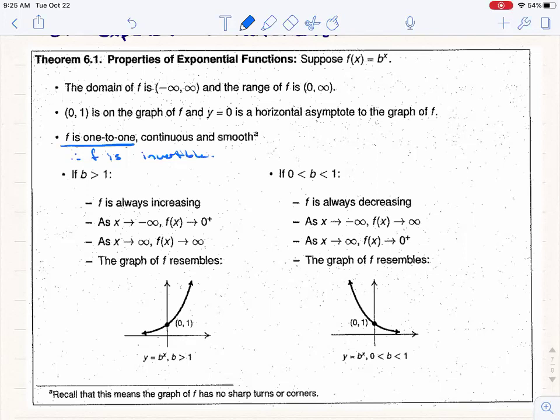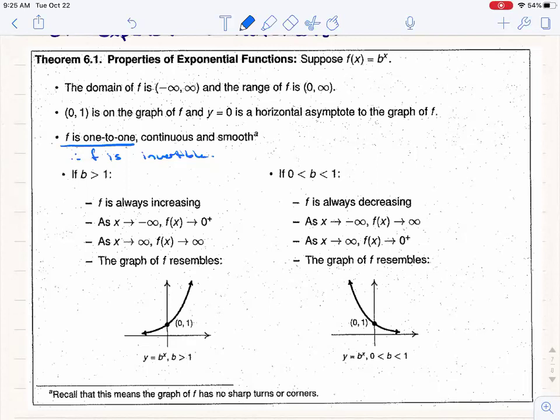So the take-home message is that f is invertible. Spoiler alert, the inverse is the logarithmic function. They're the original and the inverse, you could say, but we'll start with the exponential function because it's the original.